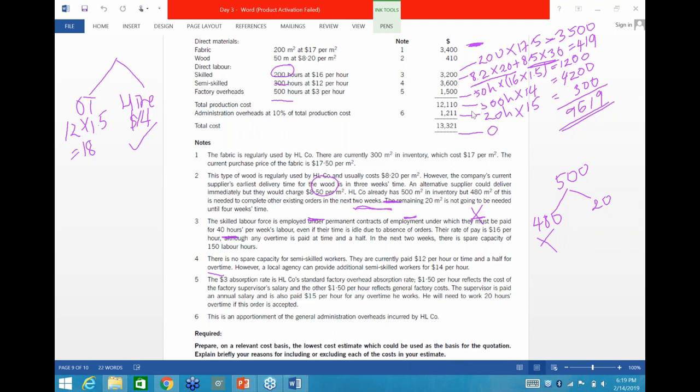Since if we take the 150 hours, their normal working hours are fully utilized, we will have to get them to work after normal working hours, which goes at overtime rate. So then we always ignore non-cash in relevant costing. Yes.